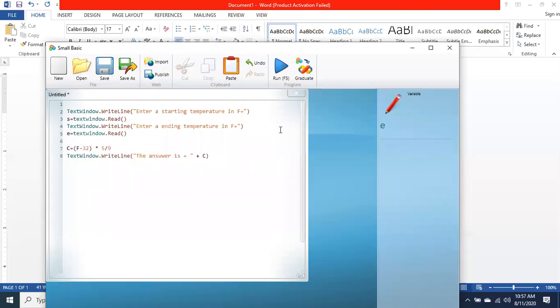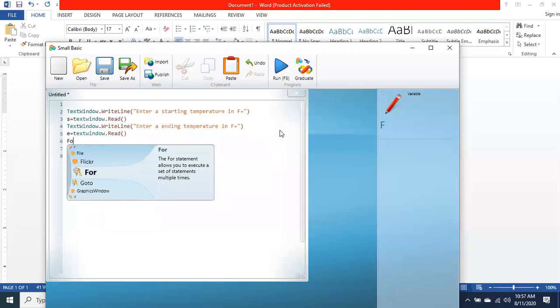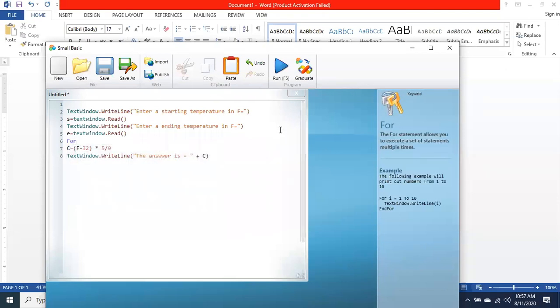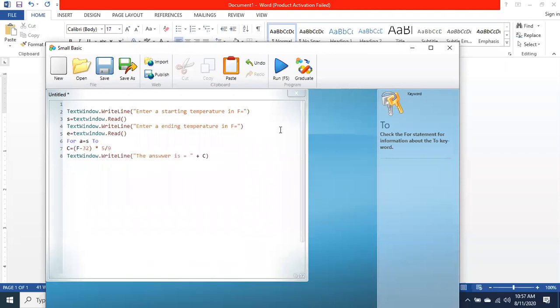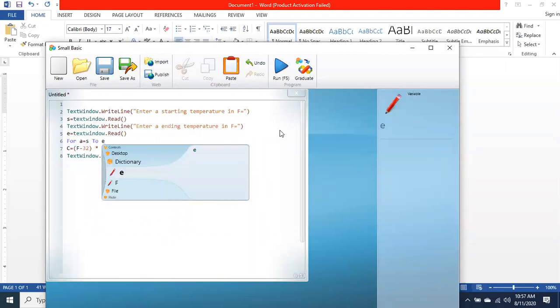Then we will play a loop. We will play a loop, for A is equal to S, starting from S, the starting position, and going up to E, where E means the ending position. We will start it from S and go to the end.